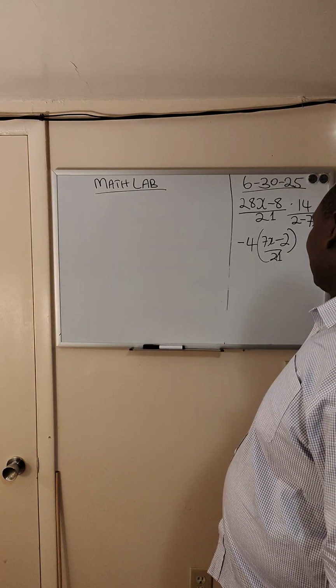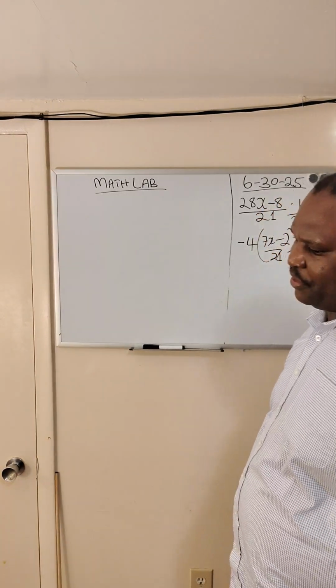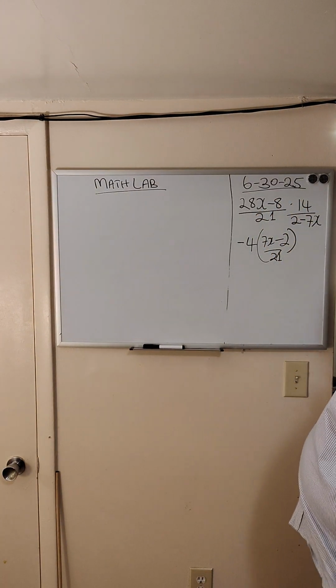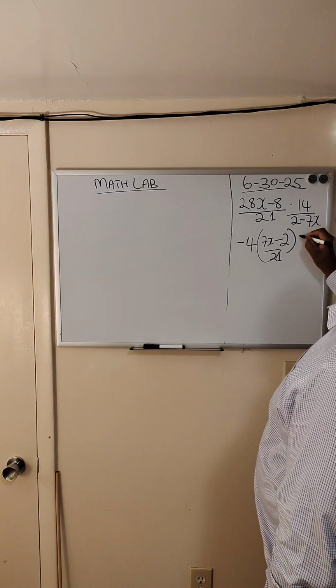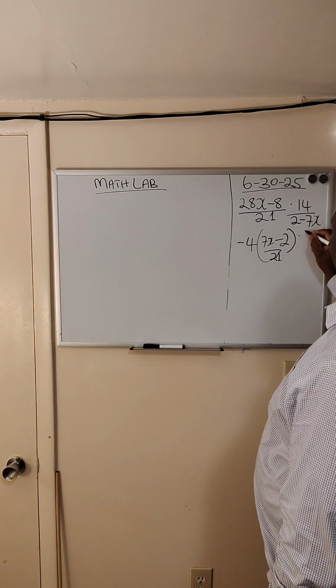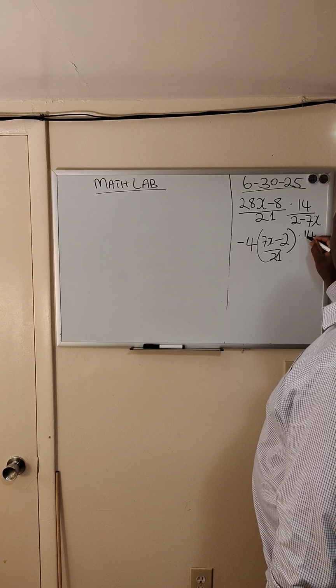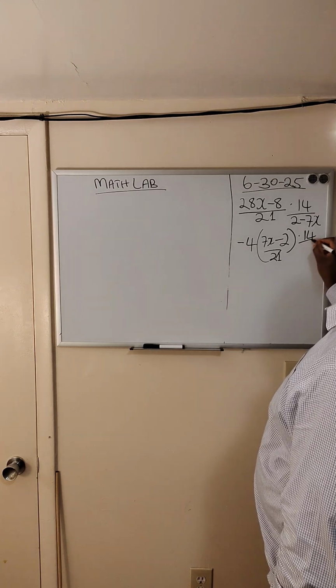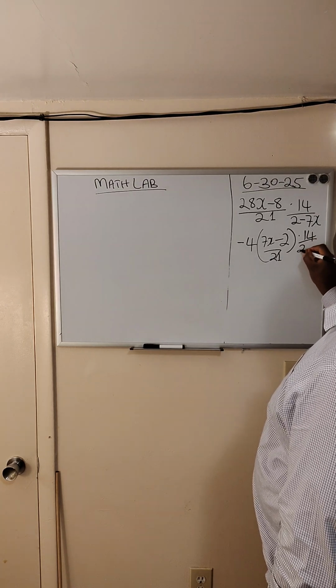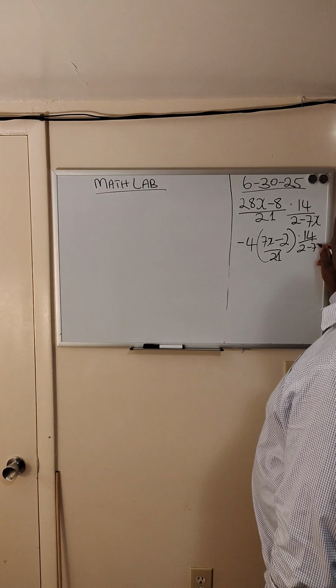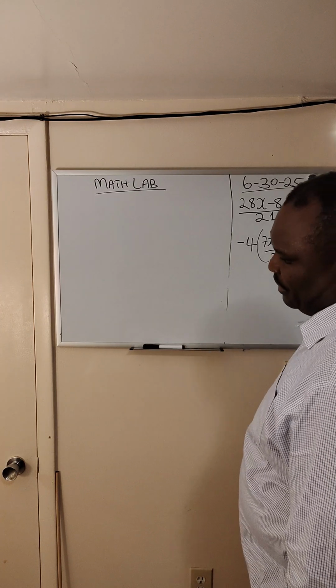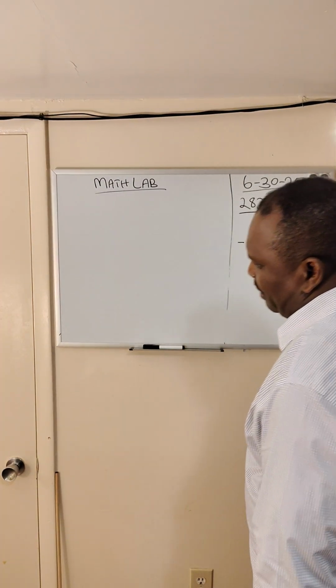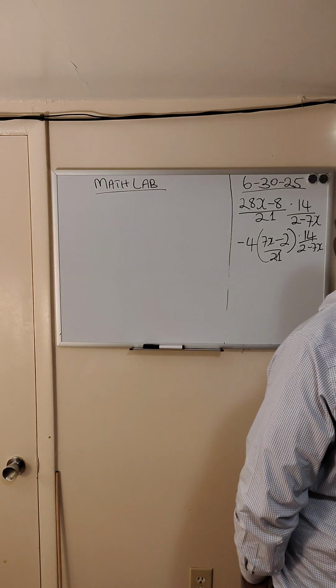Now let's multiply by 14 divided by 2 minus 7x.